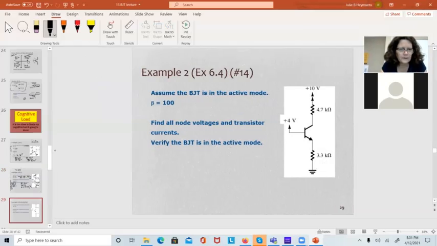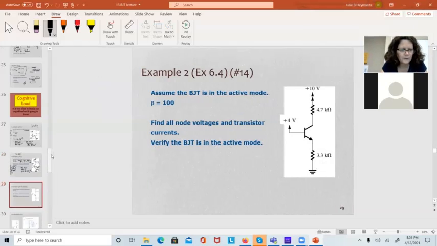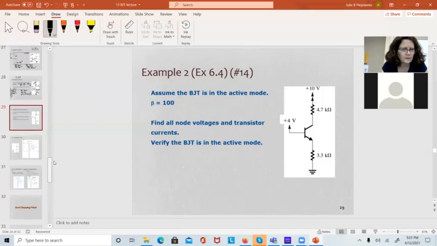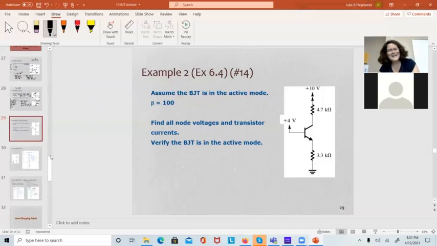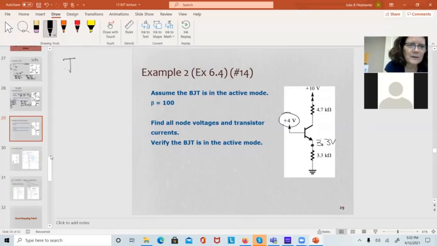And what we're going to do is this. It's the exact same circuit. I've just changed this to 4 volts. So this becomes, we'll solve it the same way, 3.3 volts. 3.3 volts over 3.3K is going to give me IE is 1 milliamp.